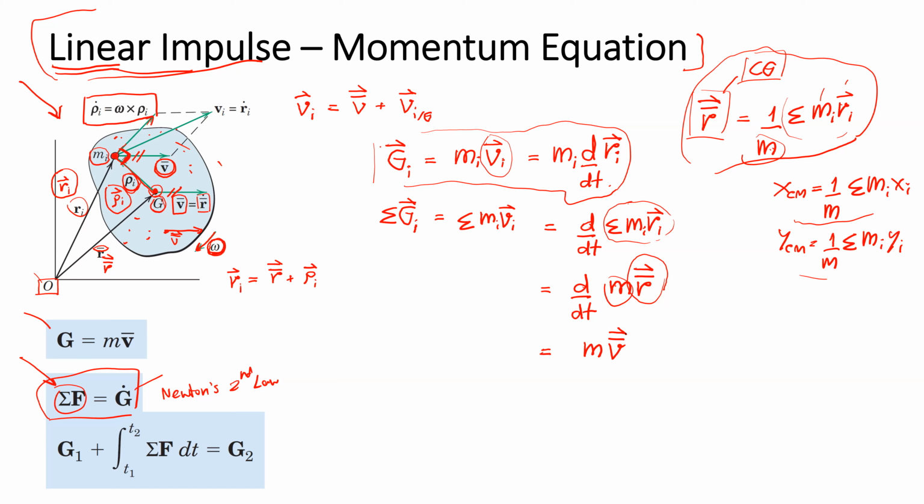So what I'm going to say here is the total momentum of the rigid body is equal to the mass of the rigid body multiplied by the velocity vector of the CG. The CG can represent the rigid body for the linear momentum.